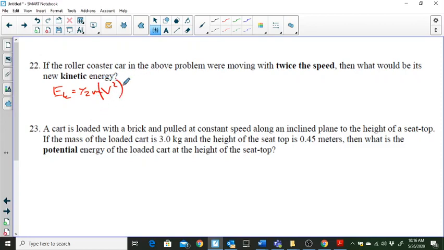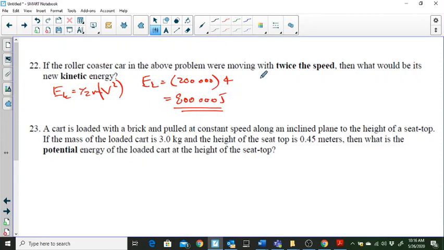So if we're doubling the velocity, the 2 in front of the velocity gets squared, so it'd be 4, and the kinetic energy would be 4 times the amount. So our kinetic energy would be our 200,000 times 4. So that would be 800,000 joules of energy.